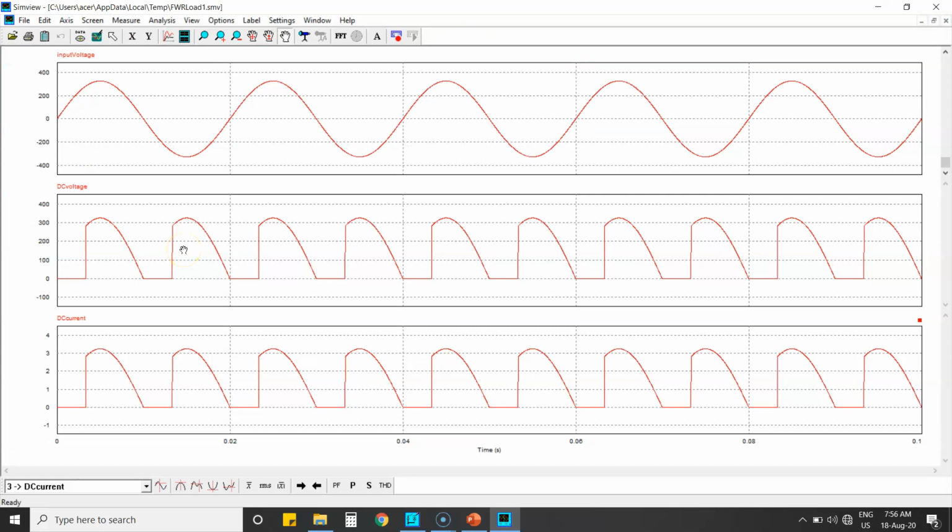Since we chose the firing angle as 60 degree, we have a lot of disconnection. I'll simply say that more than one third of your positive half cycle was disconnected, from 0 to 60 degree here, and again here from 180 to 240. So this is for R load.